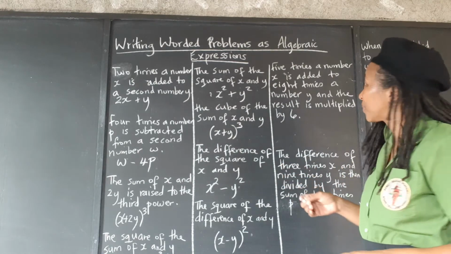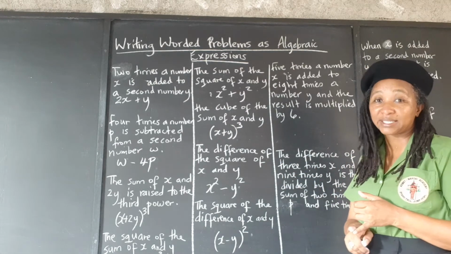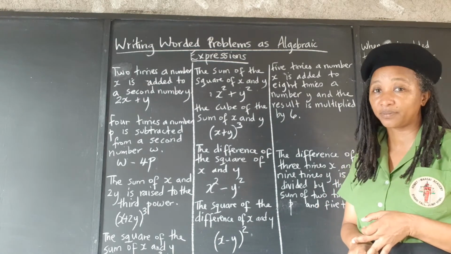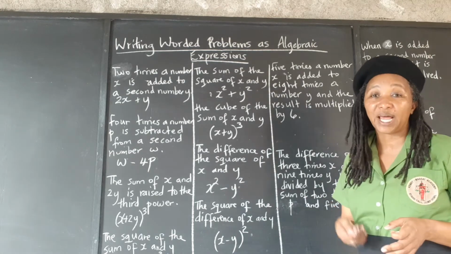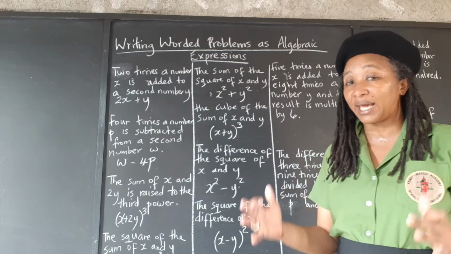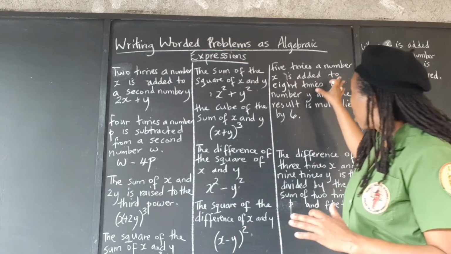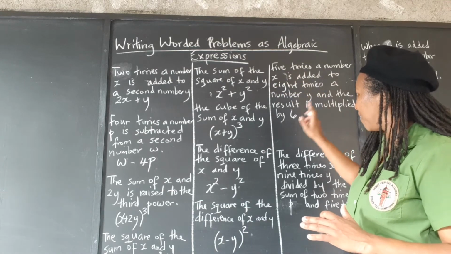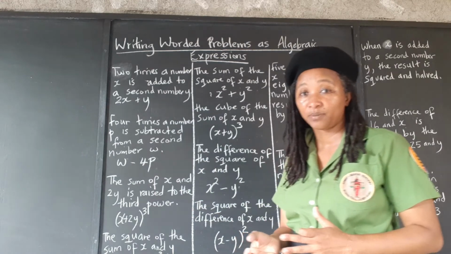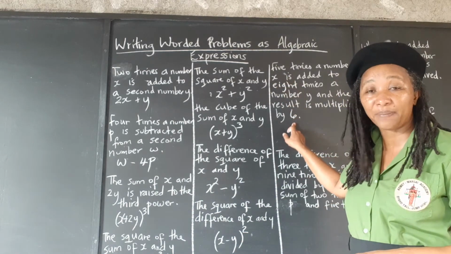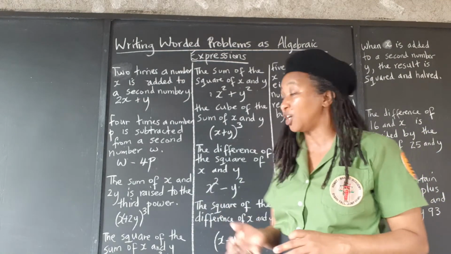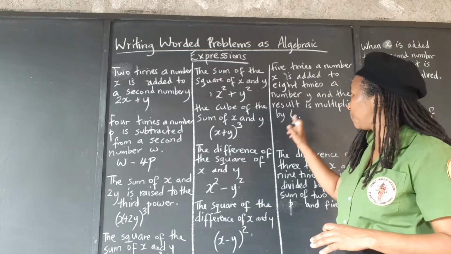It says 5 times the number x is added to 8 times the number y, and the result is multiplied by 6. That sounds like we're going to need a bracket because we have to work out this part first, and then that whole result, the result of all of that, not just one part of it, is multiplied by the 6. All of that is worked first, and the result is multiplied by 6.